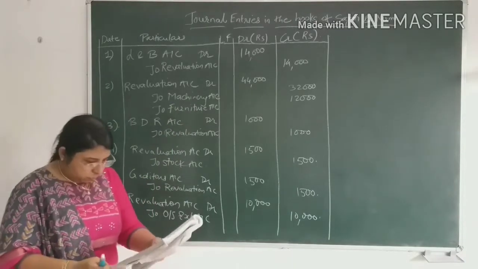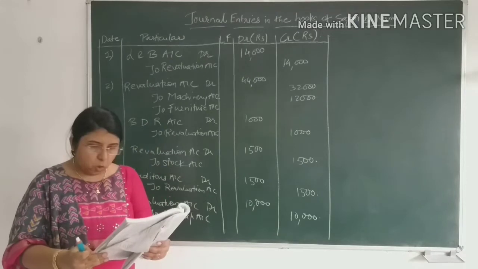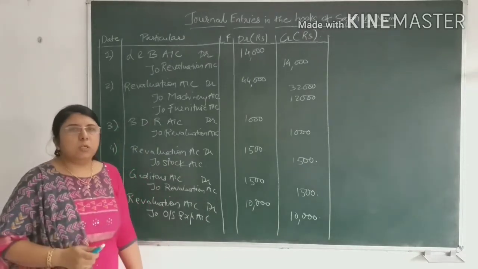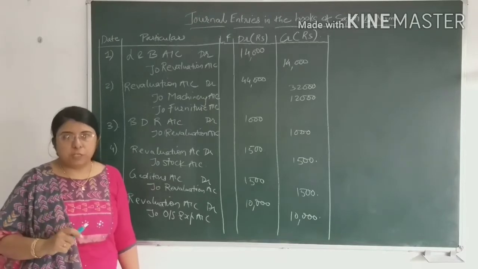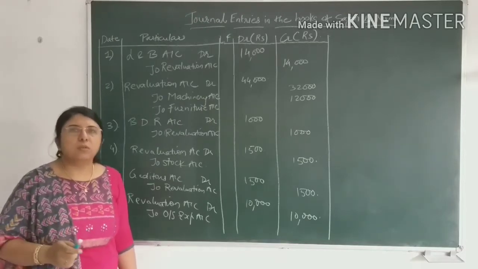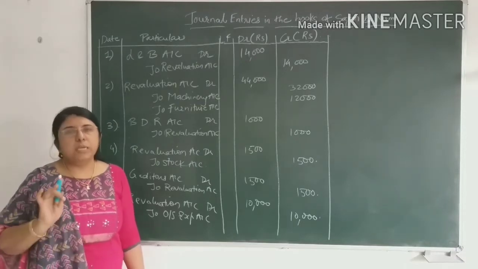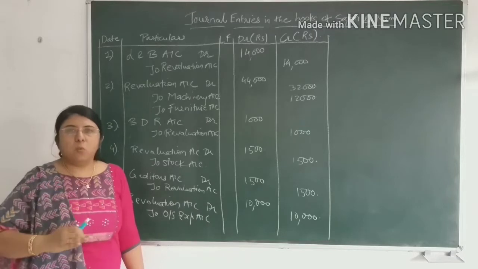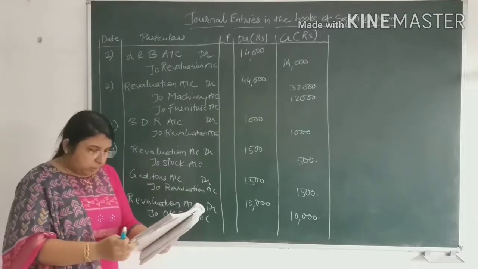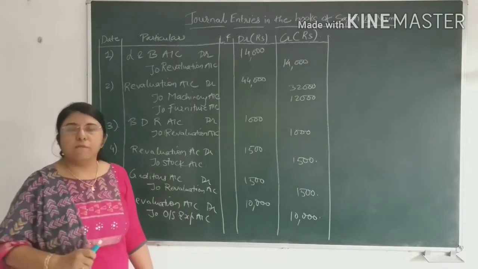Now the third adjustment, rupees 1,000 bad debt reserve on debtors is not required. You can see in the question, bad debt reserve, that is subtracted from the debtors by rupees 1,500, and the balance amount is written in the outer column. Now 1,000 bad debts is not to be maintained. It means debtors value is increased by rupees 1,000. Previously you had written 40,000 minus 1,500, it means 38,500.